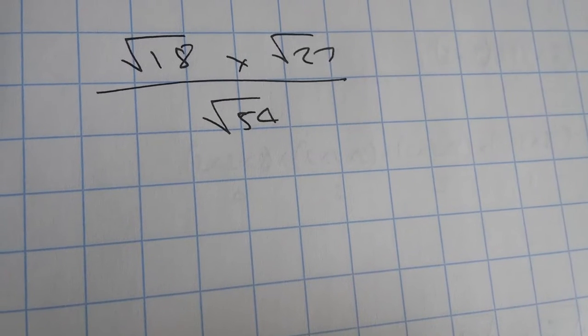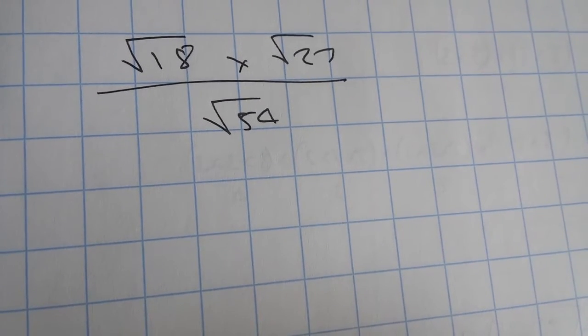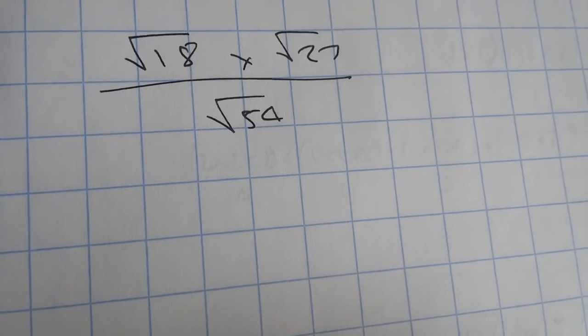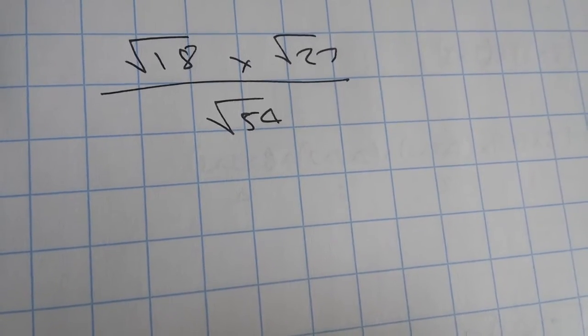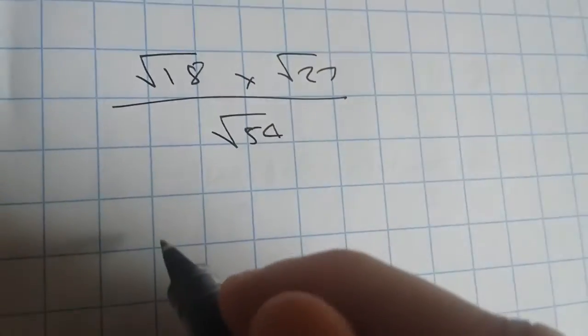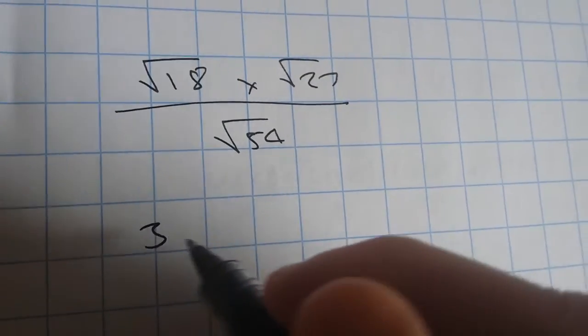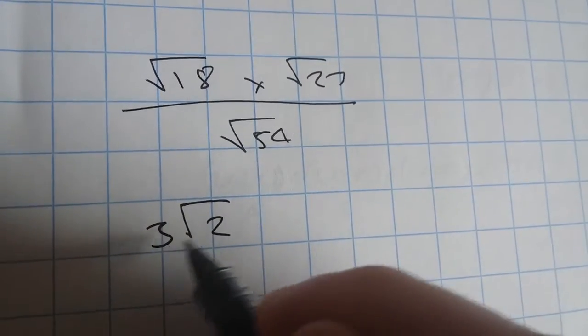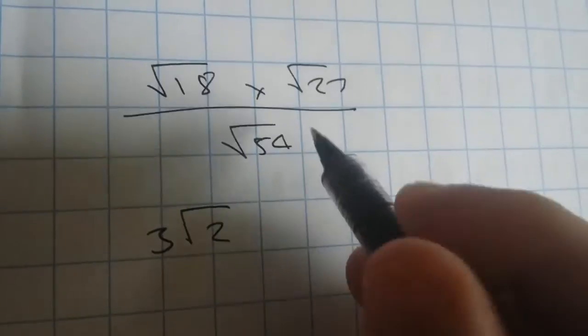And some of you might notice that 18, 27 and 54, 9 goes into all of those, and 9 is a square number. So this, if I take 9 out of that, would become 3 root 2, because 2 times 9 is 18.